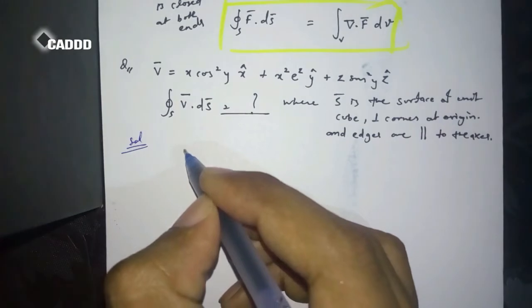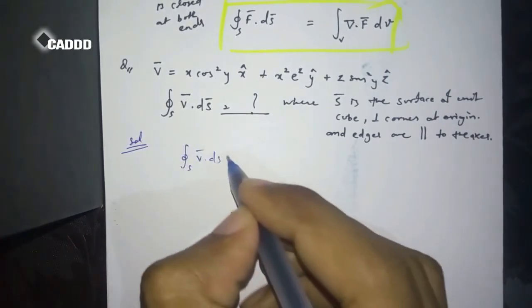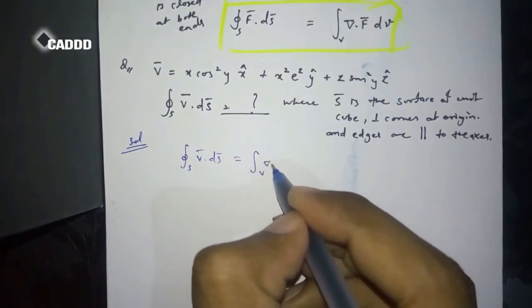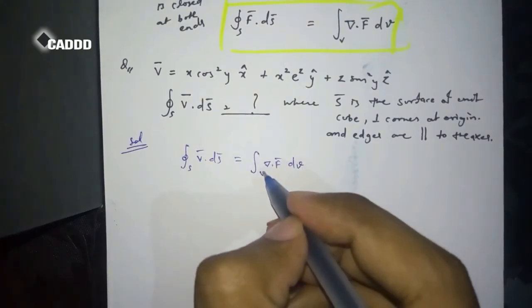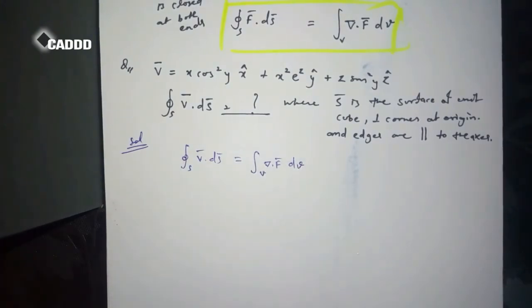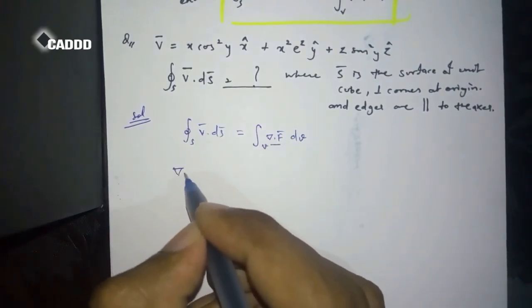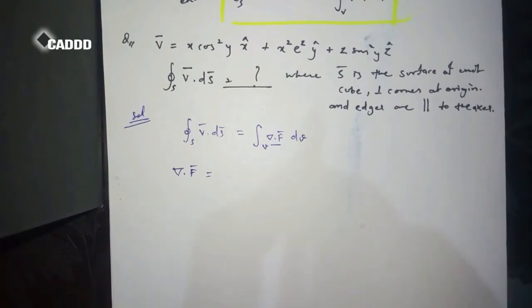So according to divergence theorem, we know that closed surface integral of a field is same as the volume integral of divergence of the field. Okay, so this V denotes the volume. So first we have to calculate this thing, which is divergence of the field. So we know how to calculate the divergence of field.